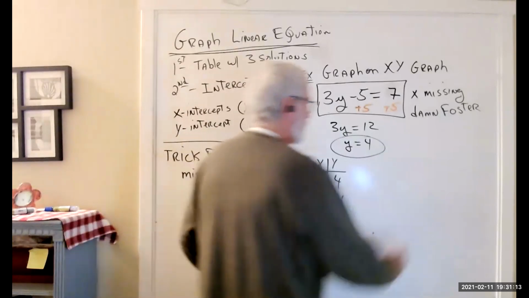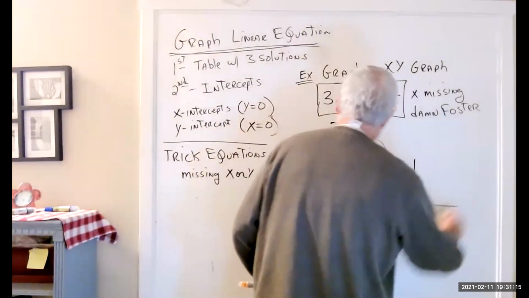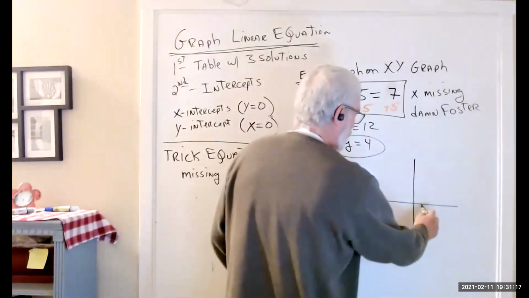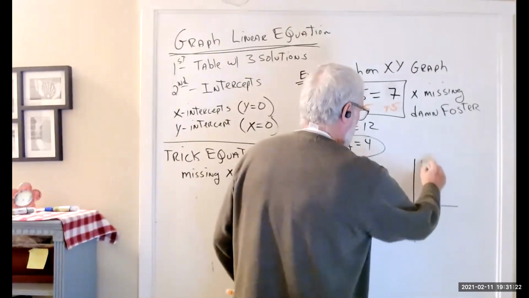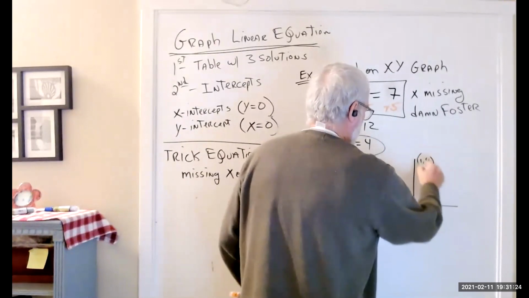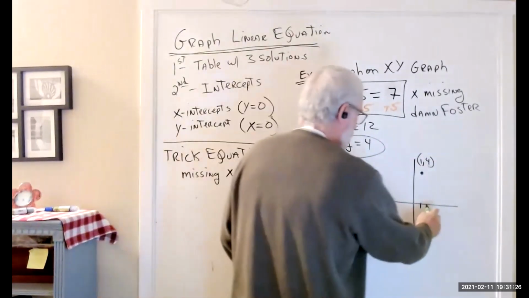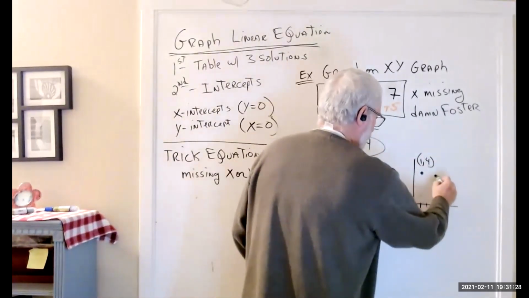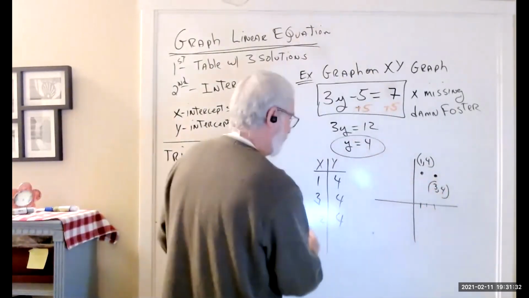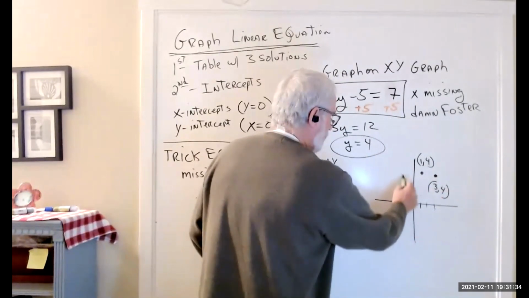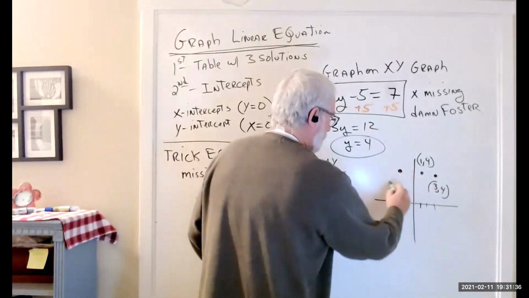So if we plot those points, we go 1, 4. 1, 1, 2, 3, 4 is right there. 3, 4 is right about there. -2, 4 is right about there.